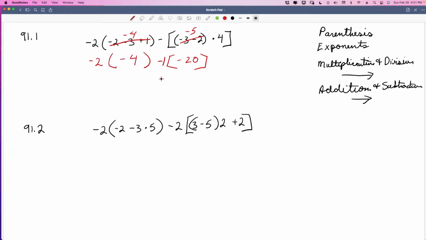It's got an invisible 1 because what this is asking for is the opposite of what's within the parenthesis. So the opposite of this number. So -1 times a -20 is going to be a +20. And a -2 times a -4 is going to be a +8. 8 plus 20 is equal to 28.